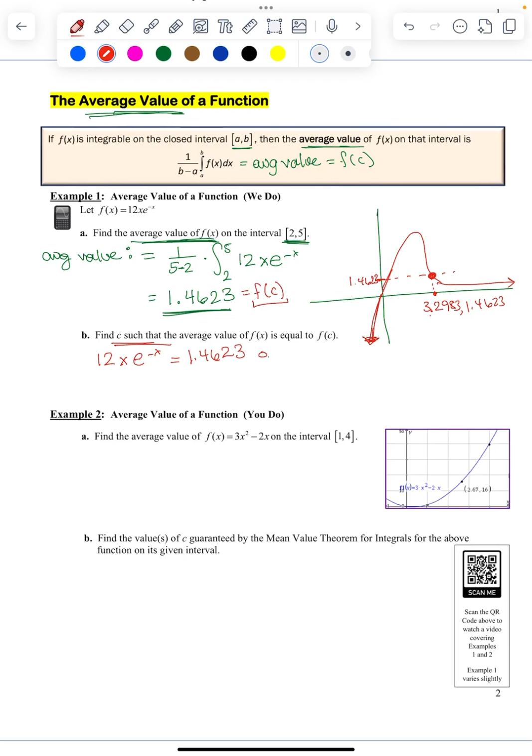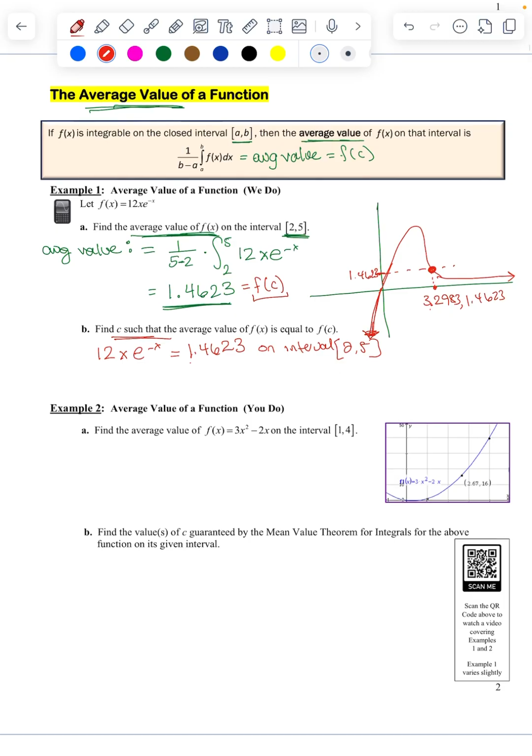Now, on the interval from 2 to 5, that is important because it's not going to be 1.4623 on a different interval. With a calculator, you can set these two equal to each other and solve for x, or you can graph this and graph this and find that cross point, and you get that x is approximately 3.298.